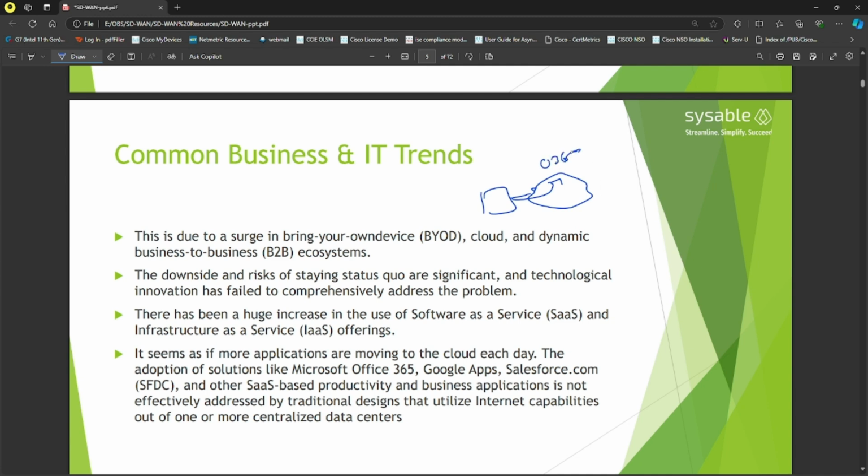In order to go to Office 365, they have to go to the data center, and from the data center, they have to go to the cloud application. So this whole thing is now adding latency. Once it adds the latency, it will affect the user experience. That's what the problem mainly is, because that is how the traditional network is configured. So that's the reason the user experience is being affected.